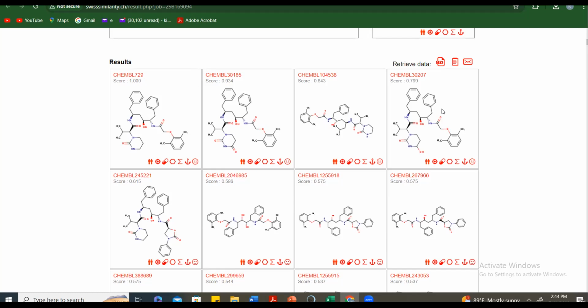Okay. So instead of you sitting down, designing your own compound for yourself, you can make use of this. We use this a lot. So I want you guys to do the same thing using SwissSimilarity for lopinavir, and try the first five.